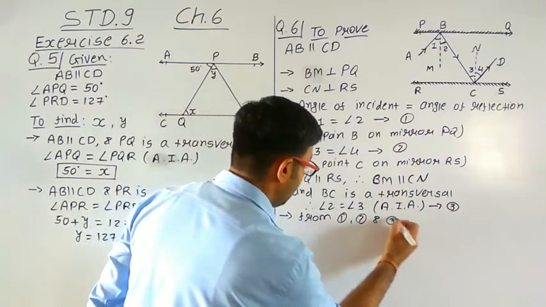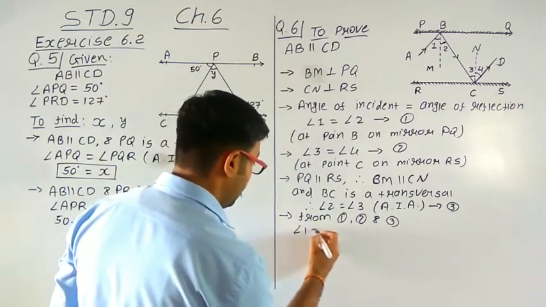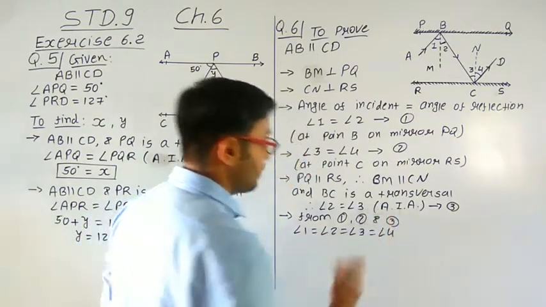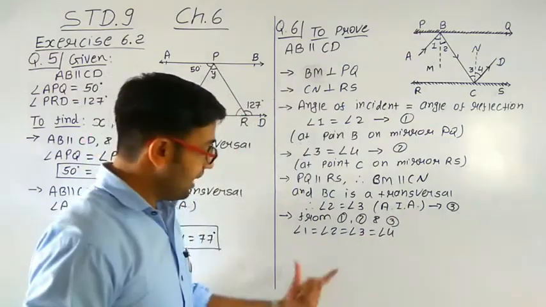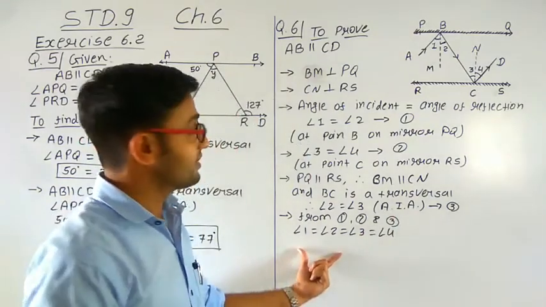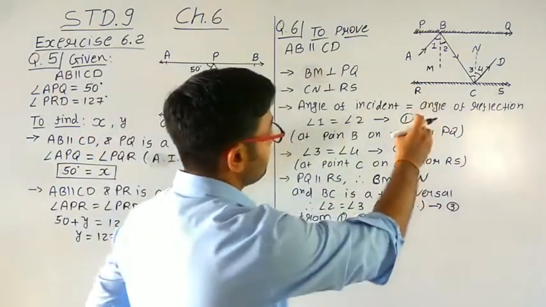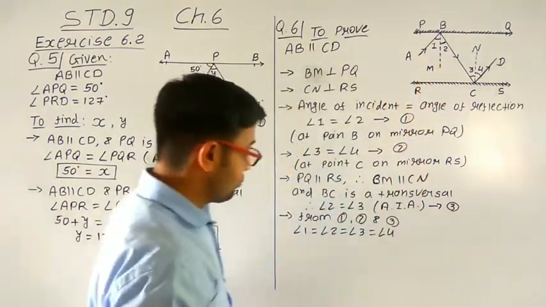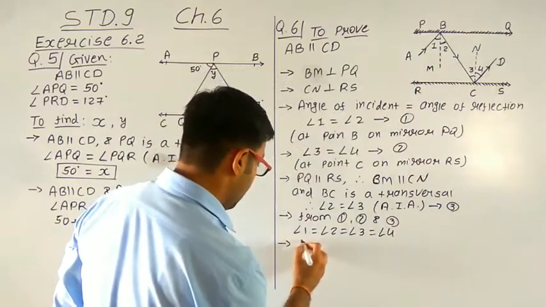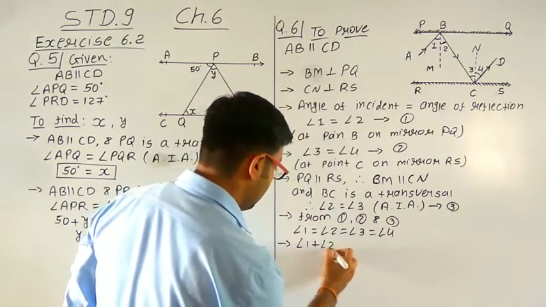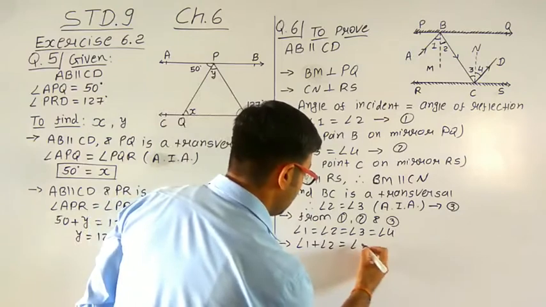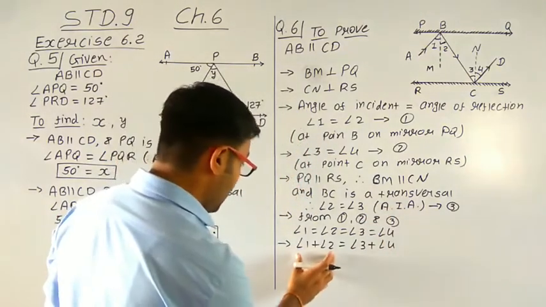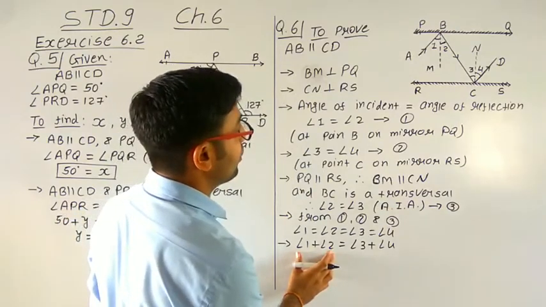Now here we have to take only two angles, that is, angle 1 and 2, and 3 and 4 are equal. So we can write that angle 1 plus angle 2 is equal to angle 3 plus angle 4.